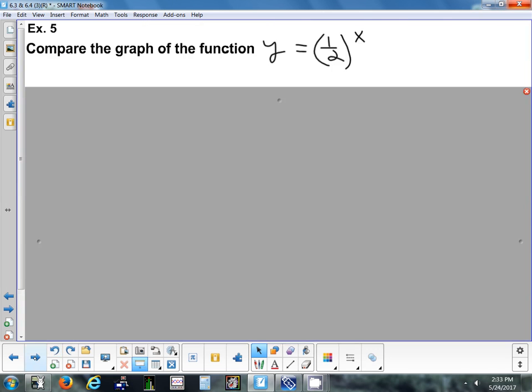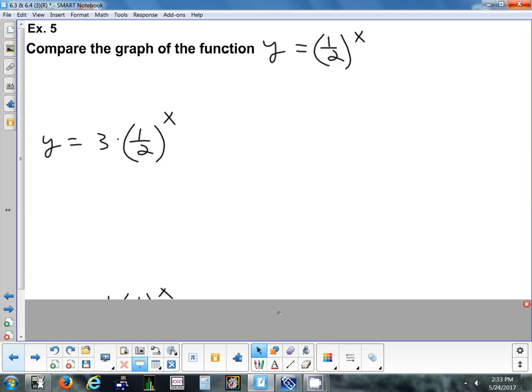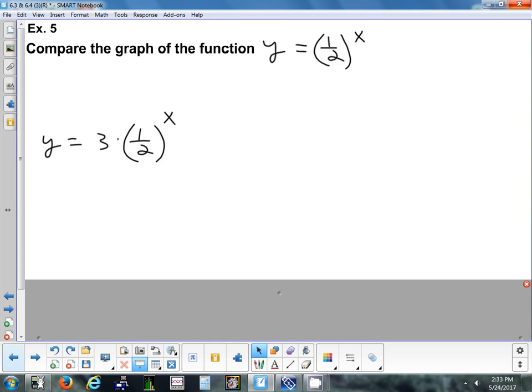All right. I think it's the last one. Yeah, we've already done this kind of stuff. Shouldn't be too bad, Mr. Hager. Okay, so this is describing, it's got two functions, and you're going to compare this one to that one. Now, the only difference is your number here is now a fraction. What happens when b is a number less than 1? It's not growth.